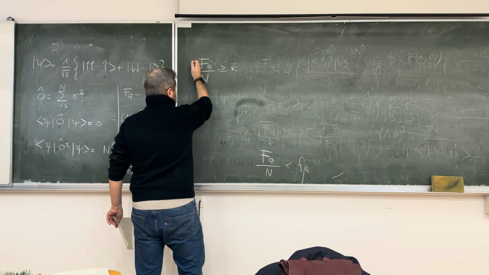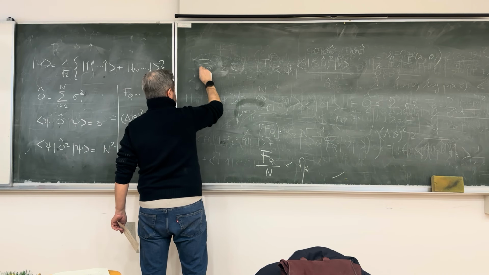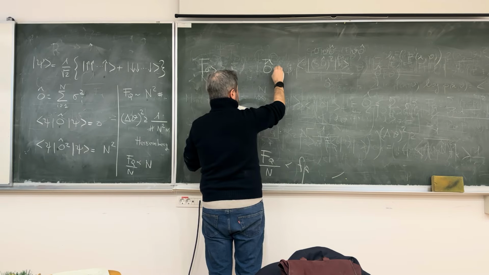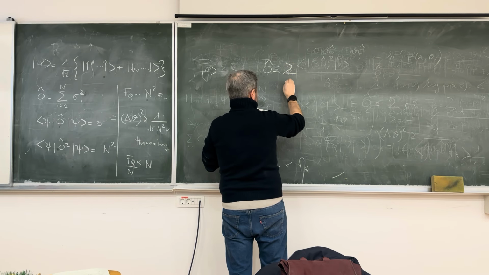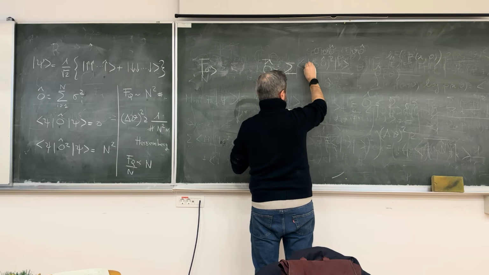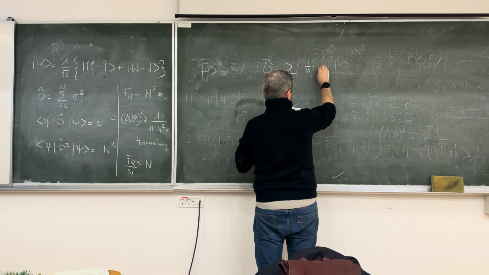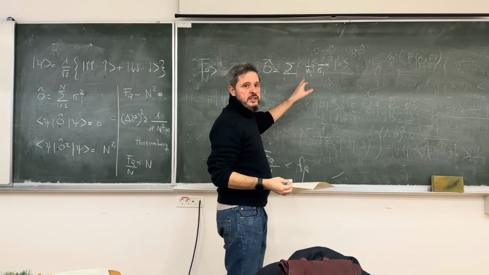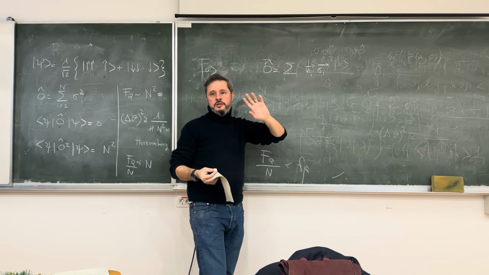No, let's do it in a different way. Imagine picking a state, and imagine considering, for a spin system, the set of all possible local operators of this form, where sigma are Pauli matrices and n's are unit versors.